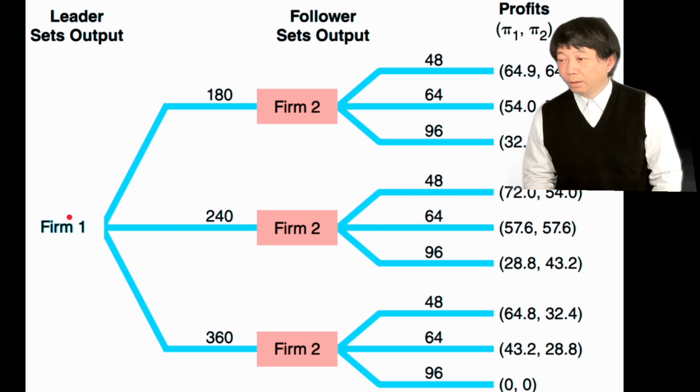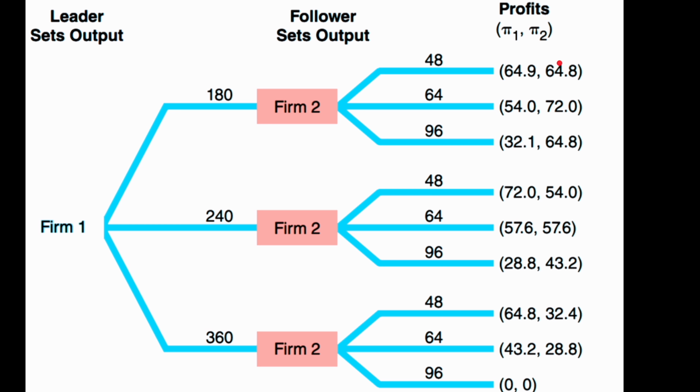Given that Firm 1 sets 180, Firm 2 gets 64.8 if it produces 48, 72 if it produces 64, and 64.8 if it produces 96. Firm 2's best response is to produce 64. We underline its payoff, 72, and add an arrow on the path.